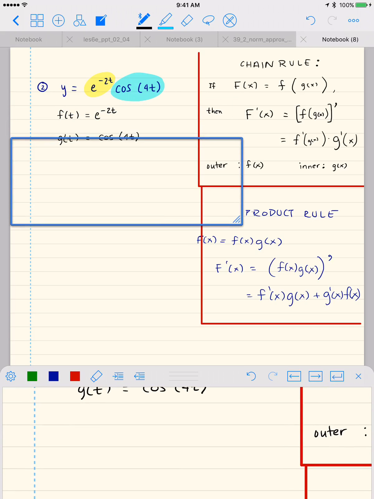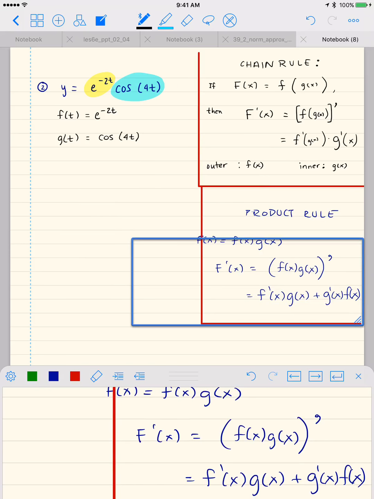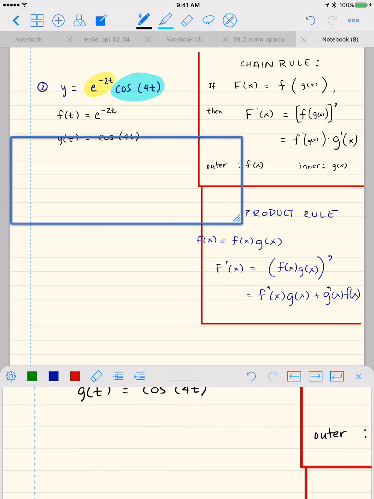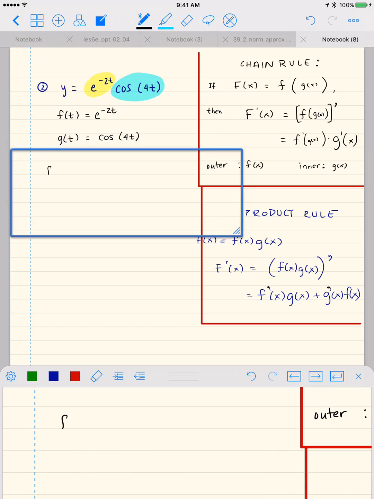Now, in order to use the product rule, I need to have f prime, I need to have g, I need g prime, and I need f. So I already have f and I have g, so I need f prime, and I'm going to need g prime of t.